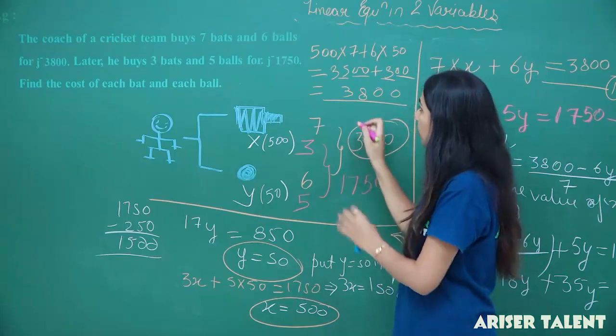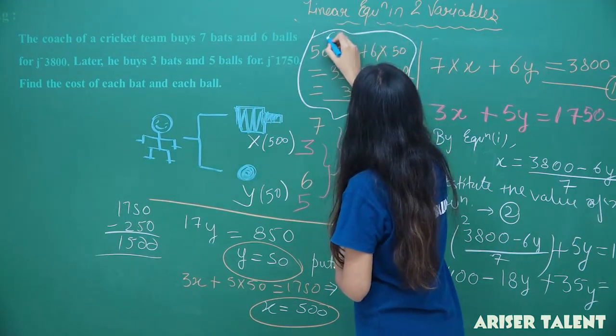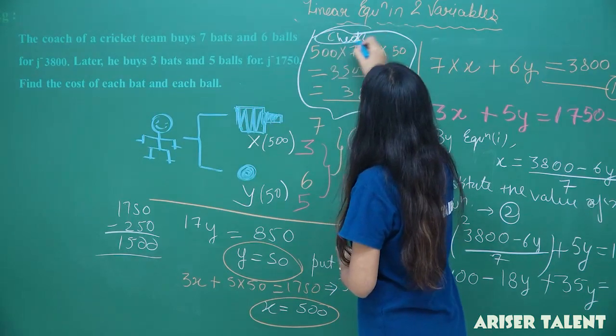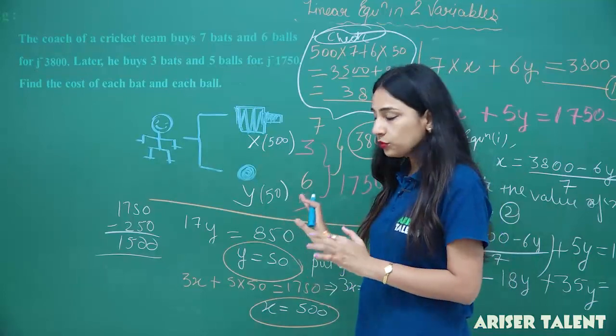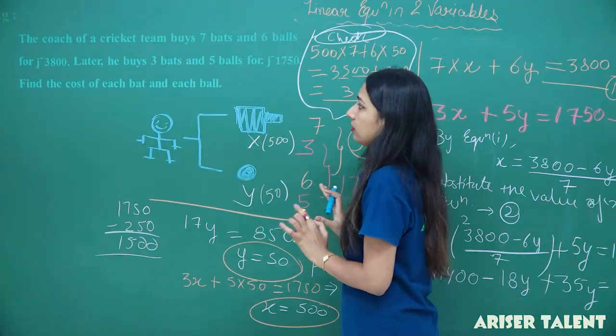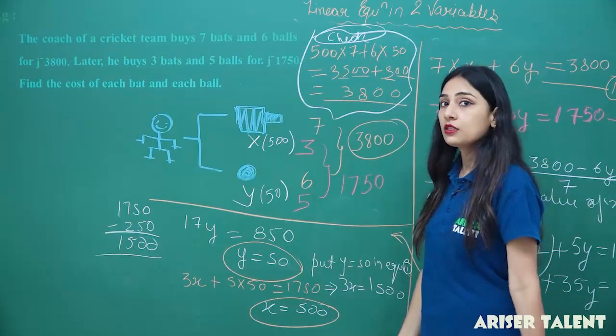Okay, so this is a check. This is to check whether the calculations are right or wrong, and it is important because it assures us that we have not made any silly mistakes in this question.